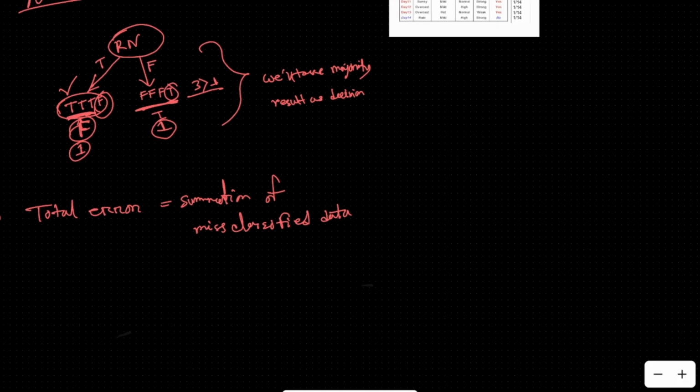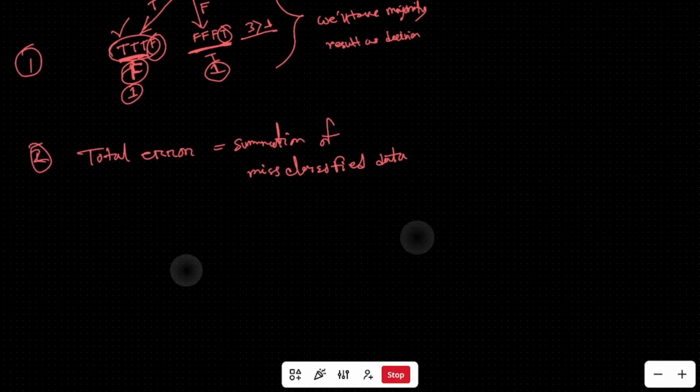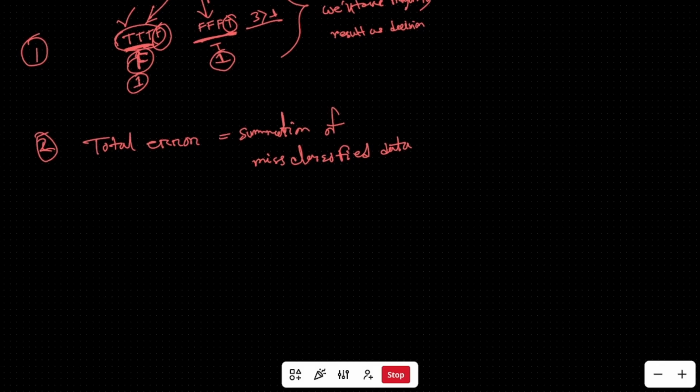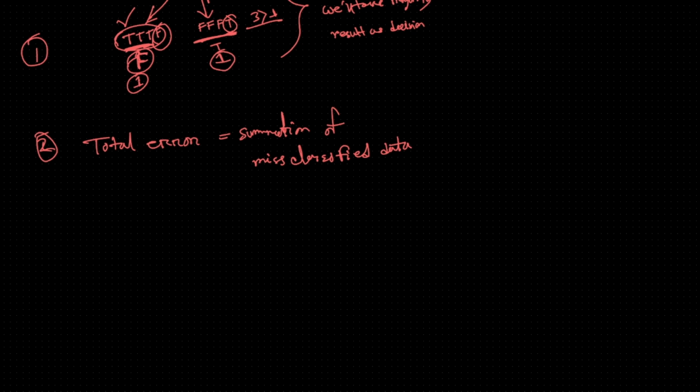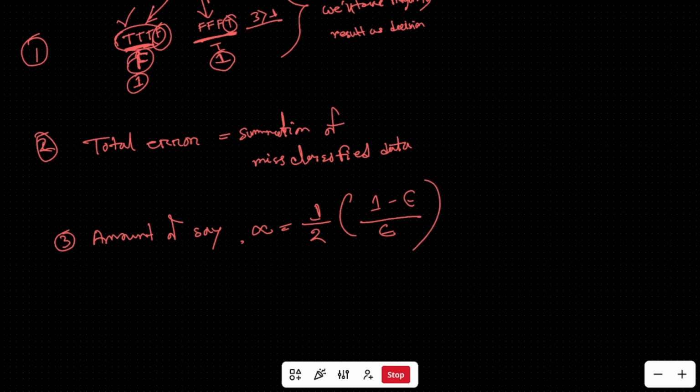Then we have to find the amount of say, which we call alpha, equal to half of the log of 1 minus error divided by error. Total error we denote by epsilon.